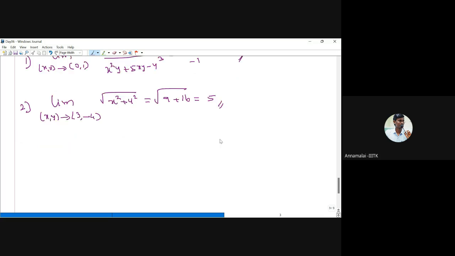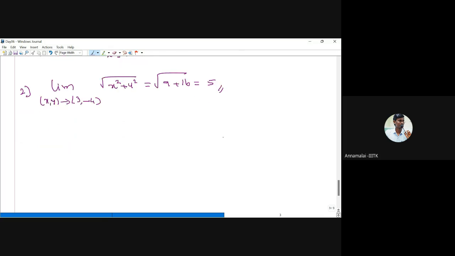But if you look at another example, if you substitute the point, sometimes you may not get a finite value. So for example, limit x comma y goes to 0 comma 0 of (x square minus xy) divided by (square root of x minus square root of y).